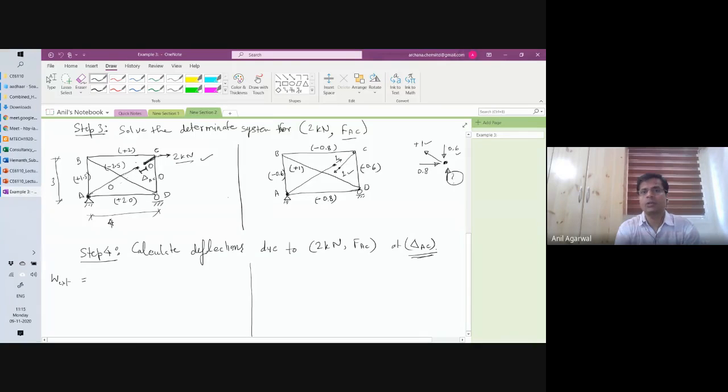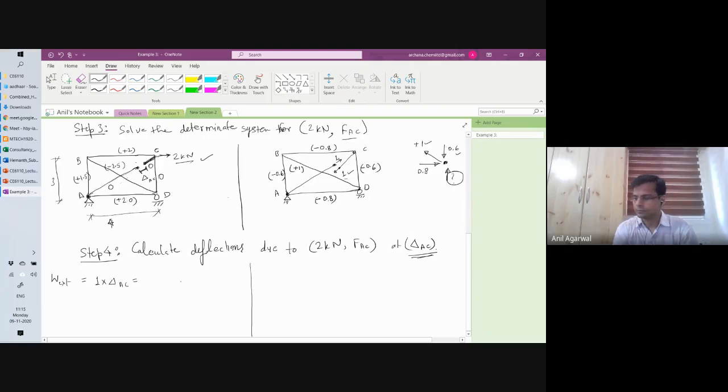First, I apply a unit load FAC, and it is maintained while 2 kilonewton is being applied, and then the joint moves slightly, right? Or this gap is created during the application of 2 kilonewton. And during that process, this one will be doing some work. That work is what I'm talking about. So one is that FAC force, virtual force, multiplied by delta AC.